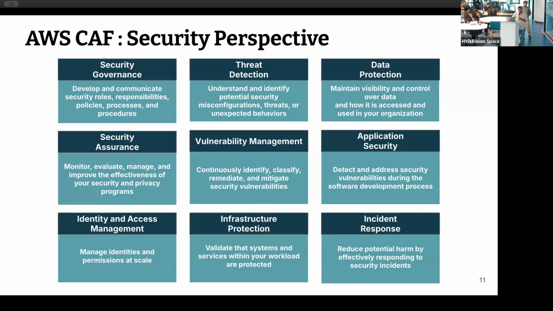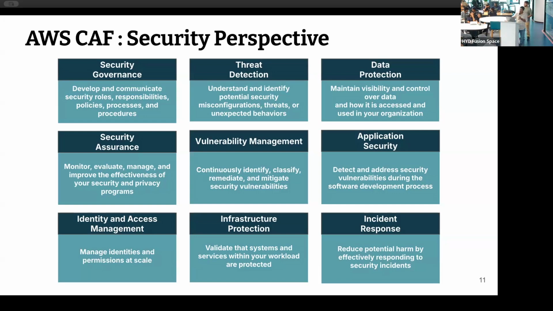Data protection. Data is the new oil, as you might have heard, and you need to protect your data. To protect your data, you need to know what data you're storing. You need to classify that data, and once you classify it, then you know what kind of guardrails you want to put in place, right?